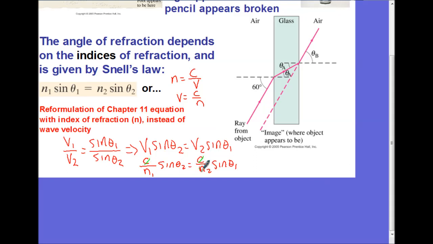And if I want to bring the n2 over to this side and the n1 over to that side, we would then get the statement that we have here. So n2 sine theta 2 is equal to n1 sine theta 1. So this is really just a reformulation of the equation that we developed in chapter 11, now done with the index of refraction.